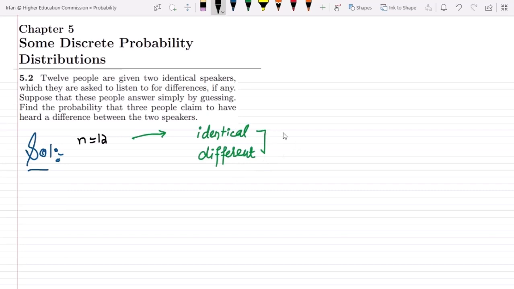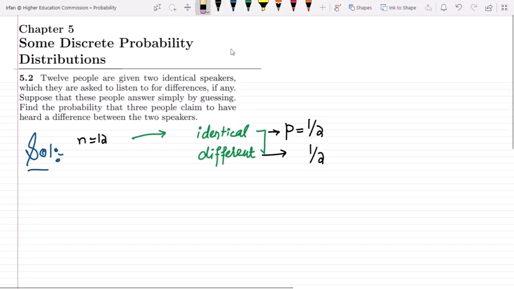So identical has the probability 1 by 2, and different has a chance of 1 by 2 as well. Let me represent the difference with q and identical with p.